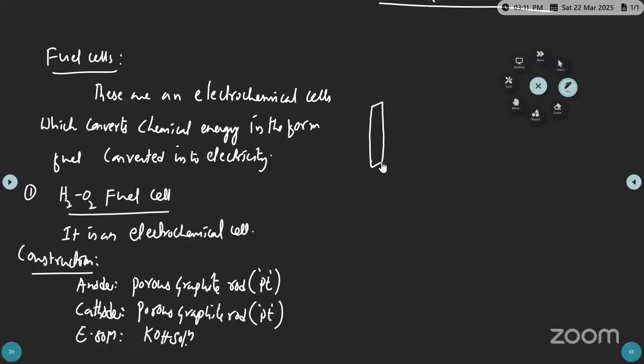Porous graphite rod. It has pores like this, small holes. And what is cathode? Cathode also a porous graphite rod. It also has pores.